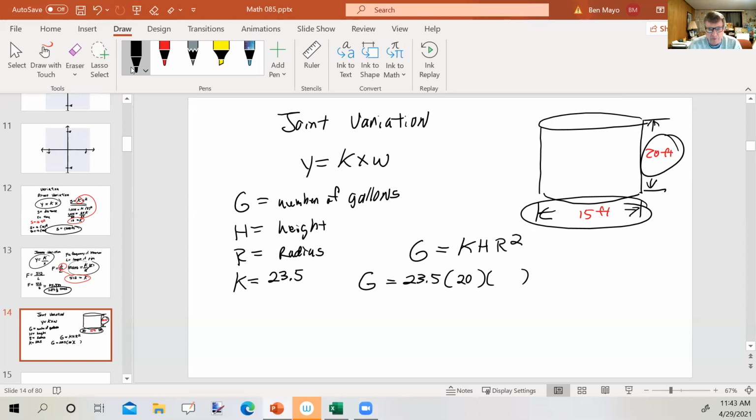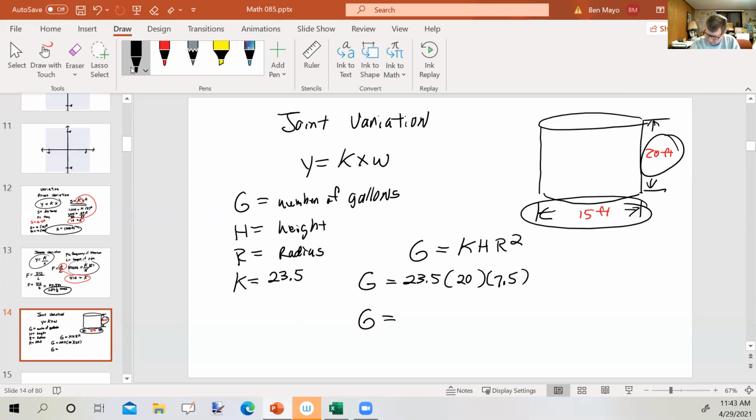Half of the diameter. So half of 15 would be 7.5. I'm going to use a decimal because it's easier to calculate that way. All right. So we've got, let's see here, 23.5 times 20 times 7.5.